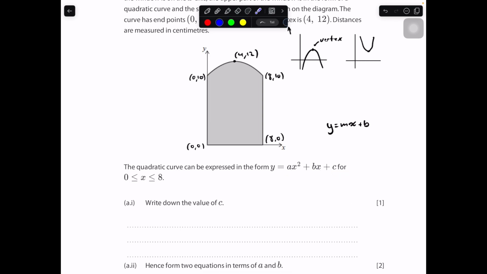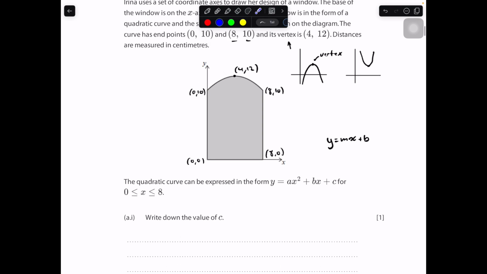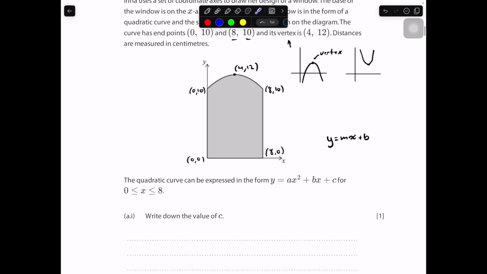If we find these missing ingredients, a, b, and c, then we've got a quadratic, just like if we find m and b, we've got a line. For an equation of a line, y equals mx plus b, b is the y-intercept. We plug in x equal to 0, and then we get the value of y when x is equal to 0. Write down the value of c.